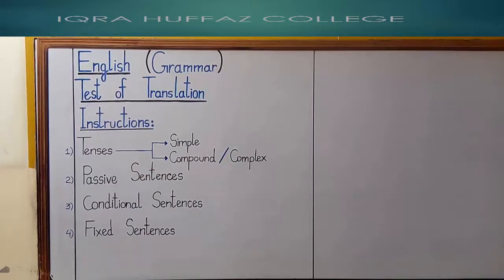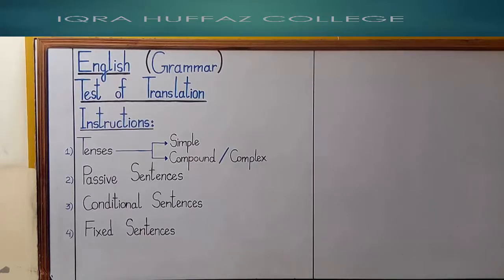A sentence with one subject and one predicate is called a simple sentence, while a compound or a complex sentence means 2 simple sentences joined by a conjunction, called either compound or complex depending upon the kind of conjunction being used. If there is a subordinating conjunction, we call it a complex sentence, and if there is a coordinating conjunction, we call it a compound sentence. And I have also discussed with you how to translate them into English.